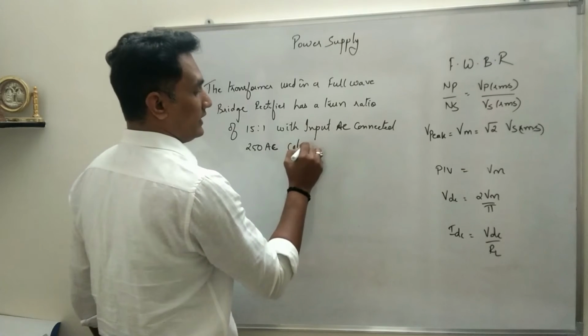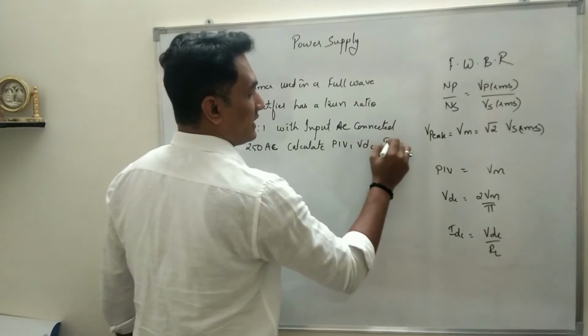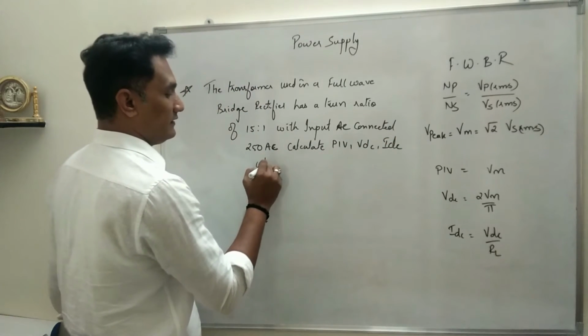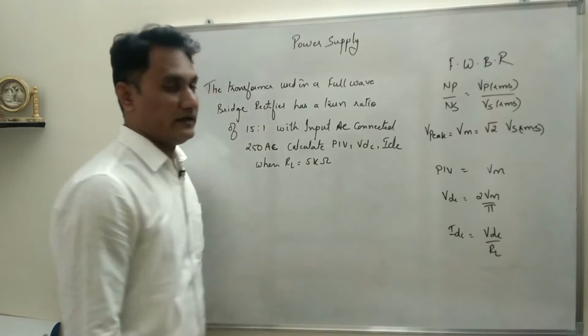We have to calculate PIV, VDC, IDC when load resistance is equal to 5 kilo ohm.